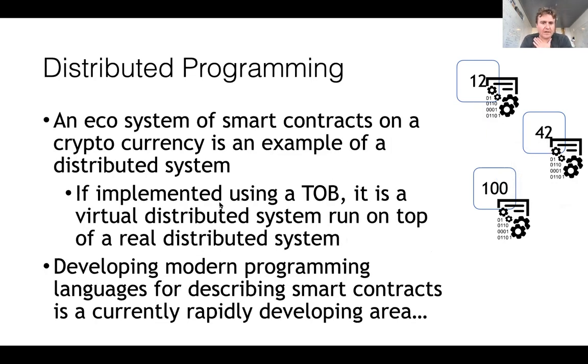Finally, just a few words on how it is actually to program smart contracts. It's so far still a research area in progress. It's not so clear what these smart programming languages should look like, and particularly how to program them.